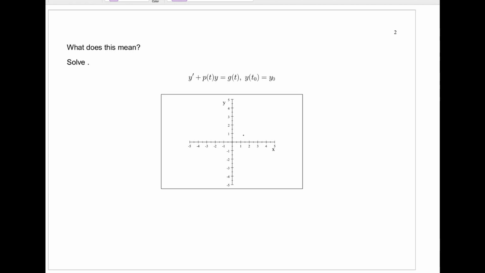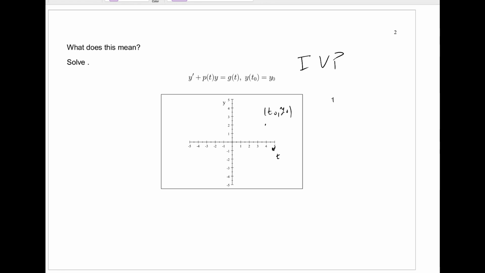What does this mean? Well, say we want to solve this initial value problem. And we have an initial condition here, which is the point t naught, y naught. Here, this is the t-axis, not the x-axis, the way we're writing things. Here's our initial condition, says that our solution has to go through that point.